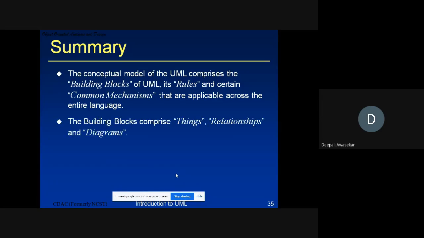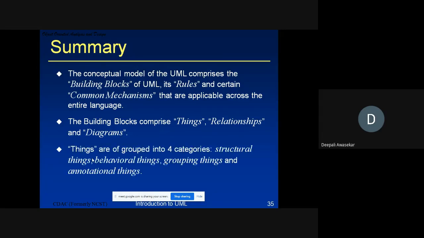We have seen that the conceptual model has 3 parts: building blocks, rules, and common mechanisms, applicable throughout the entire language. Building blocks comprise things, relationships, and diagrams. Things are structural, behavioral, grouping, and annotational; relationships are association, dependency, generalization, realization; and there are the 9 diagrams we have seen today. Things are grouped into 4 categories: structural, behavioral, grouping, and annotational.